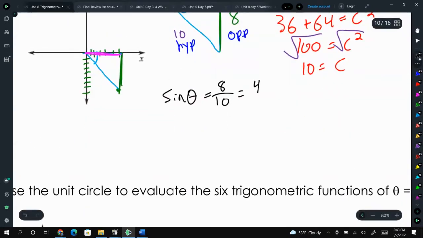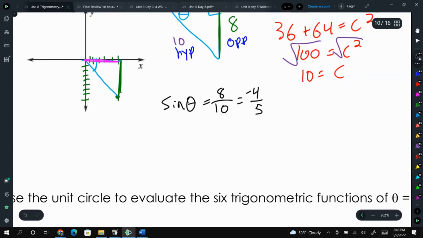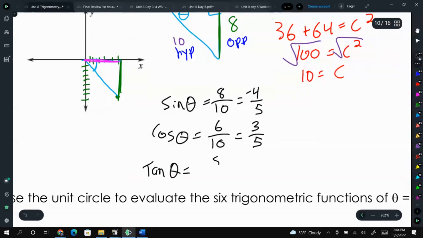So this is going to be 4 over 5. And since sine, or y values, are negative, that means sine's negative. Cosine of theta is going to be 6, the adjacent, over 10, the hypotenuse, or 3 over 5. And our tangent of theta is going to be the opposite, 8, over the adjacent, 6, or reduced to 4/3.